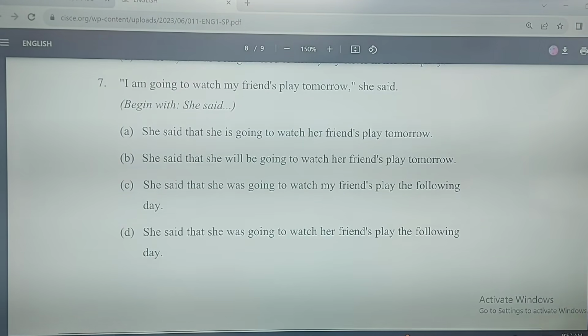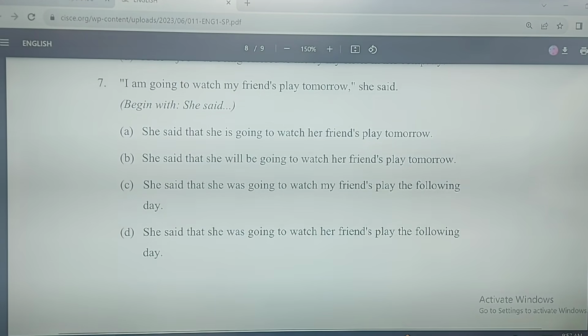I'm going to watch my friends play tomorrow. She said. Direct to indirect. Direct to indirect ke hum kaafi saare exercises karte hain on our Ashwin and Virat course. So any of you who want to be part of it and take part in a lot of grammar exercises that we keep on doing, very thoroughly, that's the course for you to join. She said that she's going to watch her friends play tomorrow.